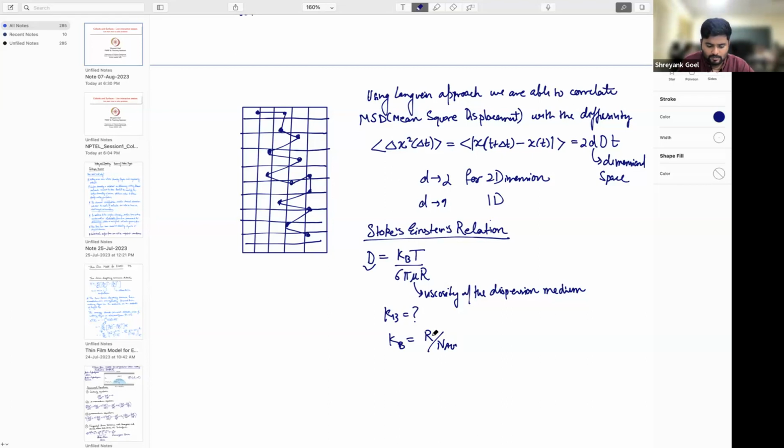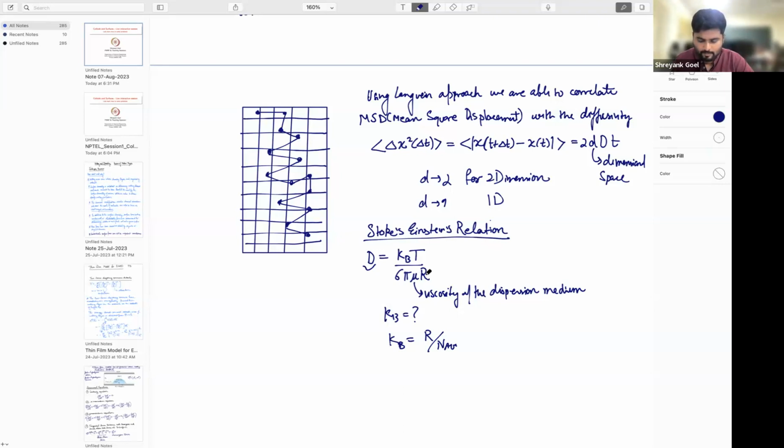So I should put this r to be the radius.